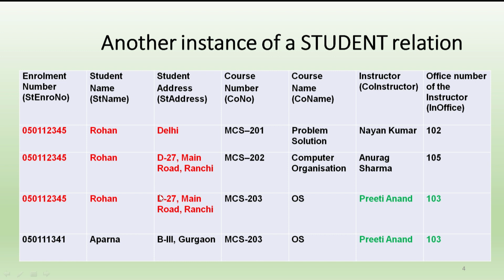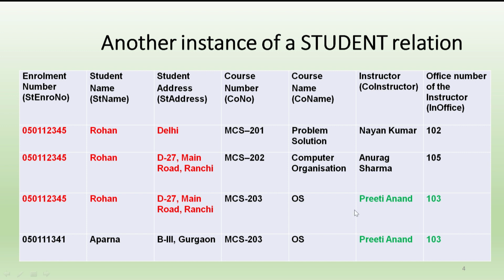Since the information is repeated at three different places, suppose we did not realize it and updated the information at only one place. You can see that the redundancy of information has led to inconsistent information. Over here it is Delhi and over here it is Ranchi, so there is going to be some problem when we access this tuple.